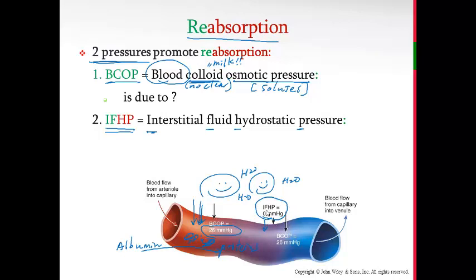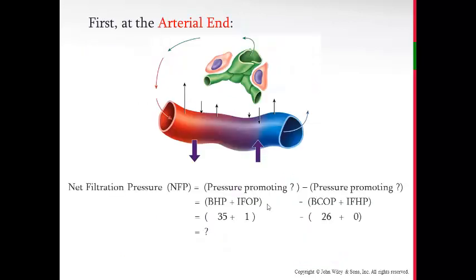Everyone okay with these? Now we're going to put it all together. We're going to look at the arterial end, the red end, where you have a lot more oxygenated blood in your red blood cells. Here is an equation to calculate the net filtration pressure, or NFP.